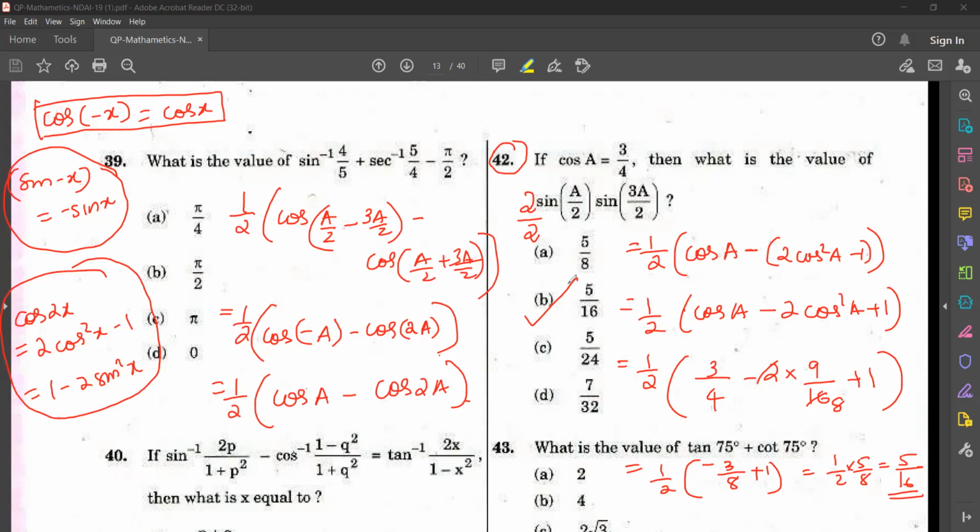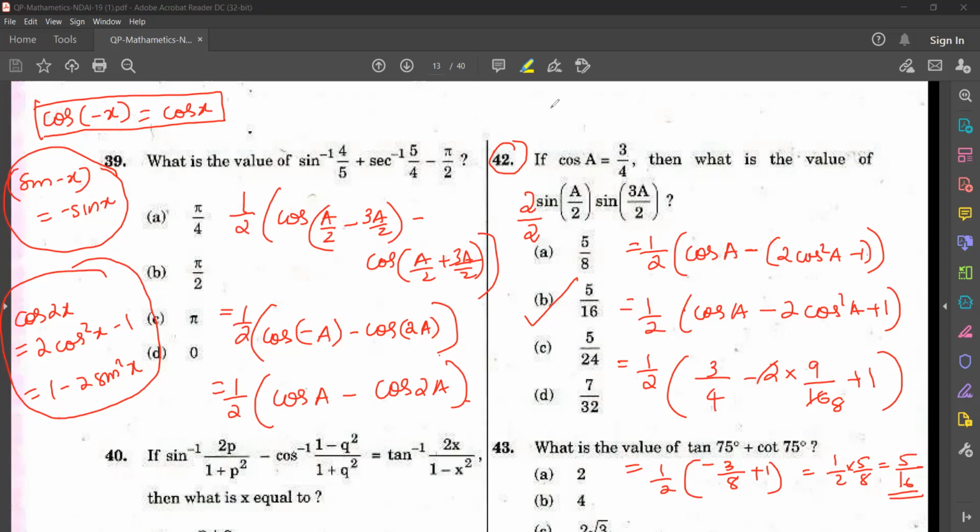So that is the answer for this question. Now let's go to the next question. Before that, I'll give you the set of formulas that I told you to learn by heart. You have to learn that set of formulas also. I'll also be discussing the equations we have used here.